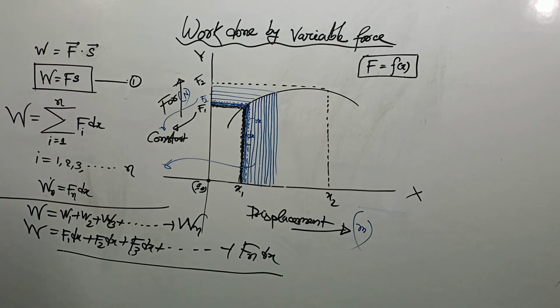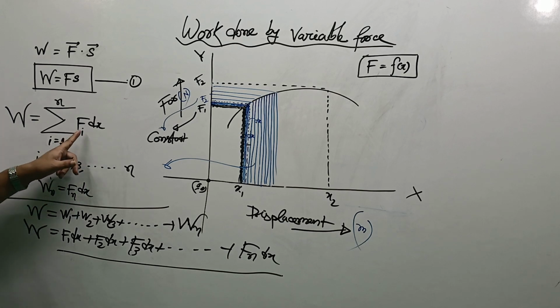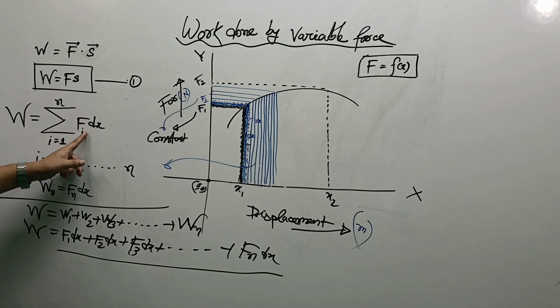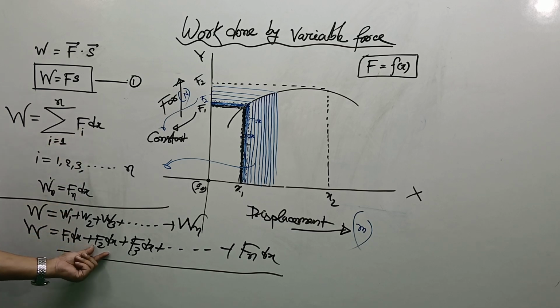When we put the value 1 in this equation, we get F1 dx. If we put the value of i as 2, we get the second part. In this way we get all the parts.